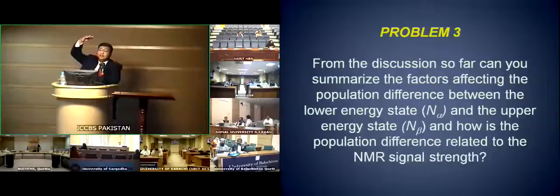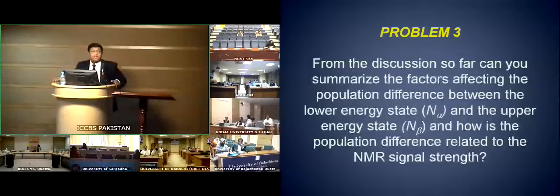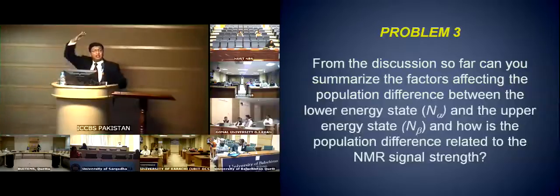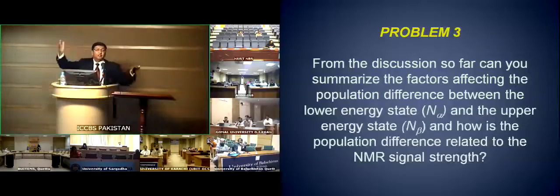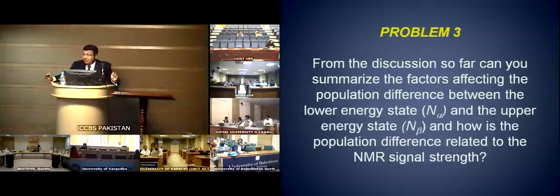When you increase the energy difference, the populations remain on their respective sites. That's why the population difference increases. And population difference is your NMR signal. And this is the reason why people have been doing a lot of work to develop very high field NMR, very high field magnets. High field magnet, more del E, more population difference, more signal. Understood? Yes.